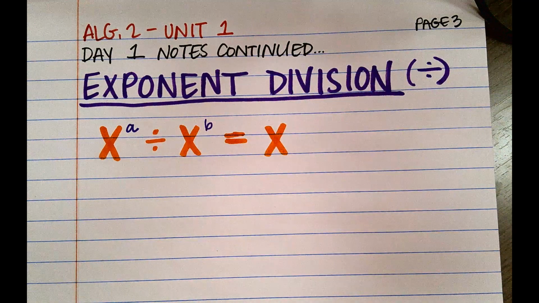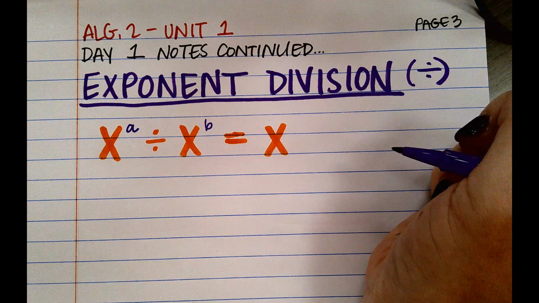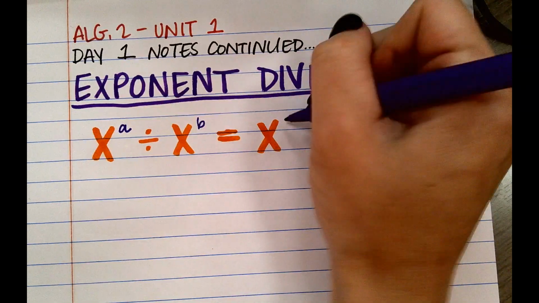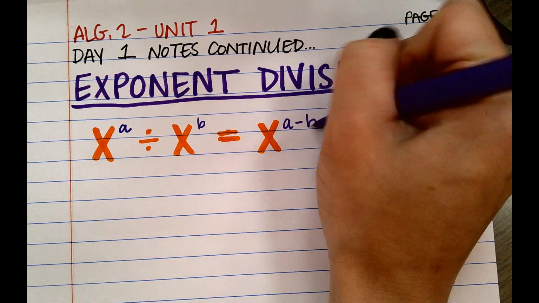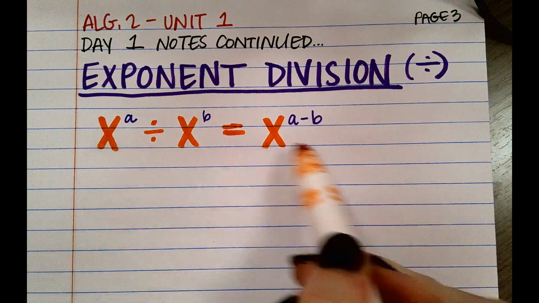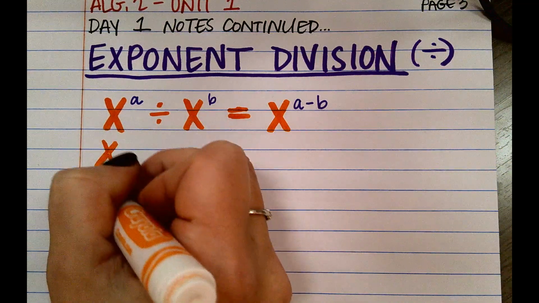X to the, does anybody know? A minus B. It's the exact opposite. Instead of A plus B, we just do A minus B now. Not too bad. So, even though I wrote it out like this, this is how you will normally see it.